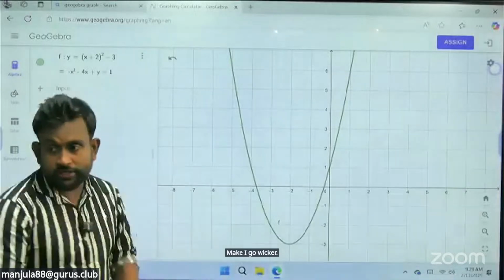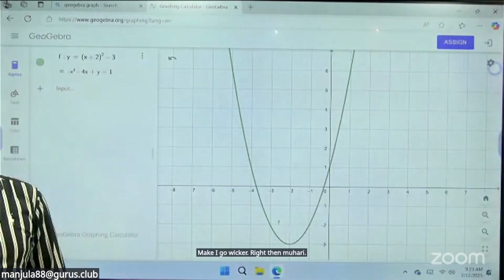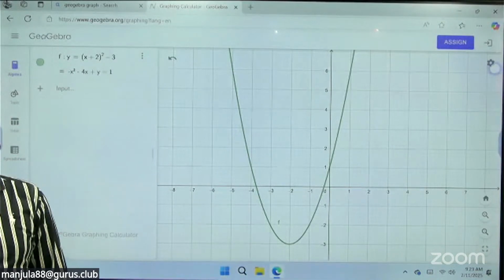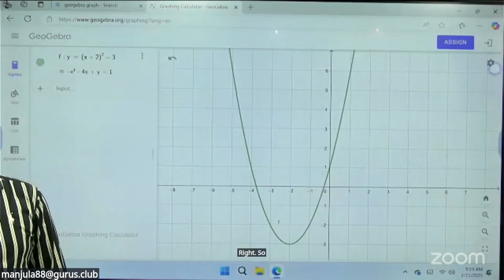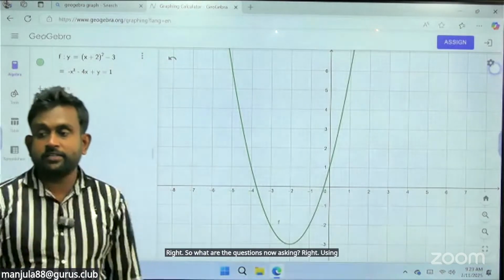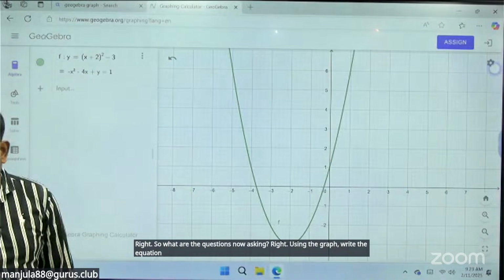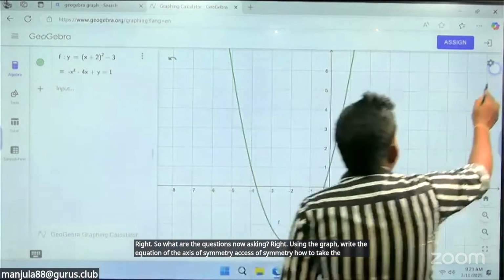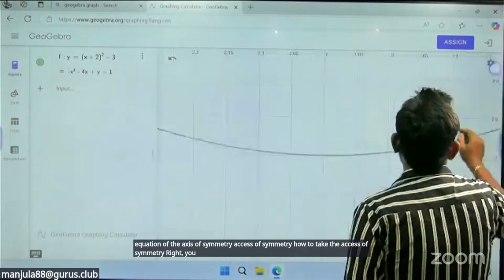Right, now let's go to the questions. It is clear, right? If you draw it, this is the curve. So what are the questions now asking? Using the graph, write the equation of the axis of symmetry. How to take the axis of symmetry, right? You know that axis.